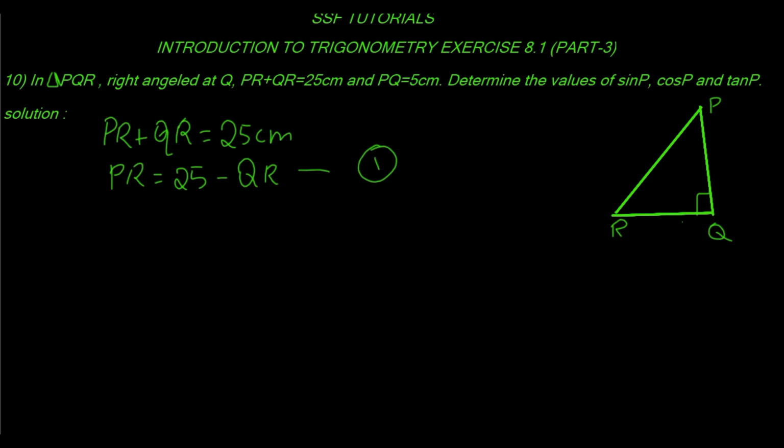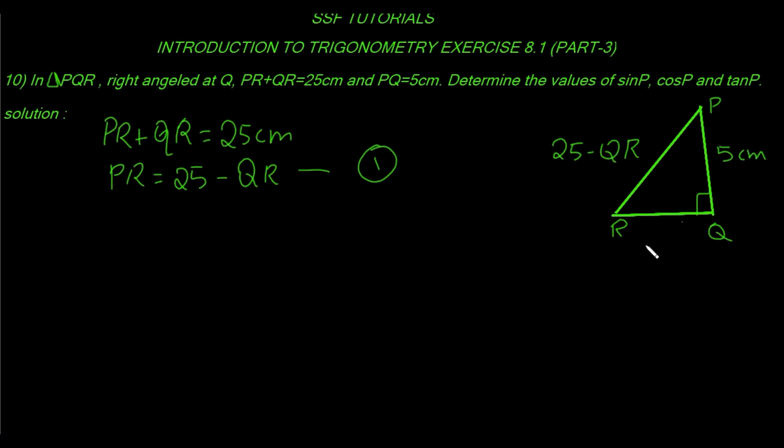So now let's enter the value of PR in the diagram. PR is equal to 25 minus QR. In the diagram it's given that PQ is equal to 5 centimeter. Let's enter this also. So it clearly shows that RQ is missing.